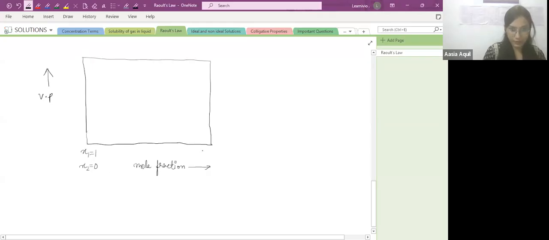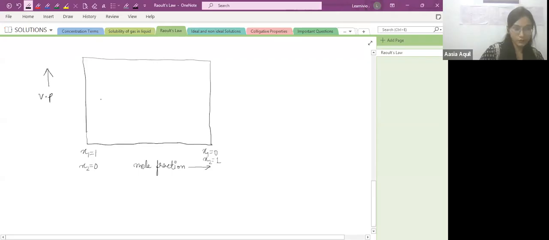But at this point, x1 becomes 0, just opposite of that, and here x2, that is the mole fraction of component 2, becomes 1. Clear?